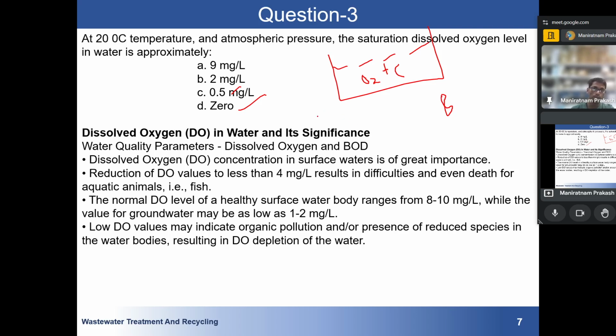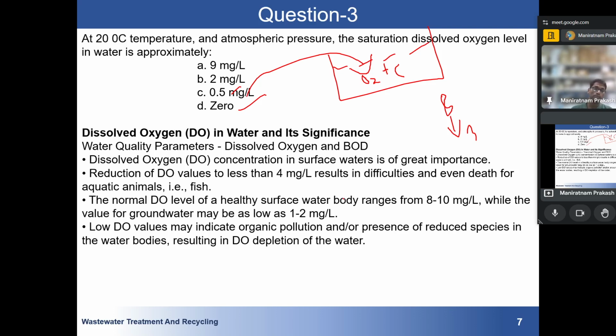So once you throw wastewater containing high organic matter, it will start consuming the dissolved oxygen, and the dissolved oxygen will decrease from 8 to maybe 3 or 2, depending upon the amount of organic matter. Once it is below 3, this might be a threatening situation for aquatic life.